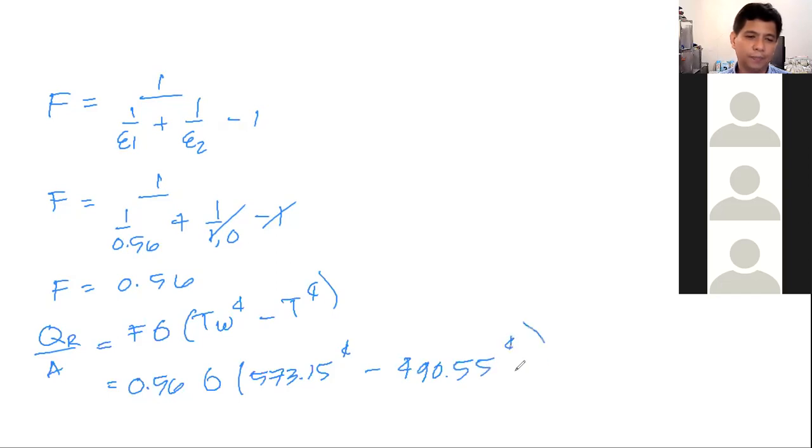To the fourth. So, just use your calculator to calculate QR over A. 0.56 times, retrieve yung constant, number 4, tapos number 9, tapos parentheses, 573.15 to the fourth, minus 490.55 to the fourth.